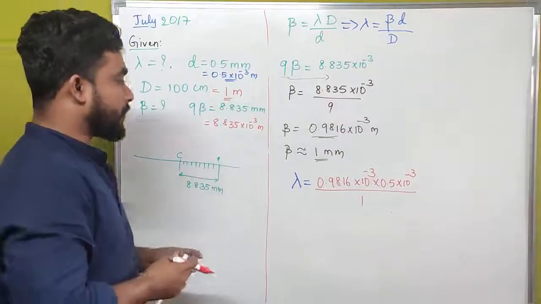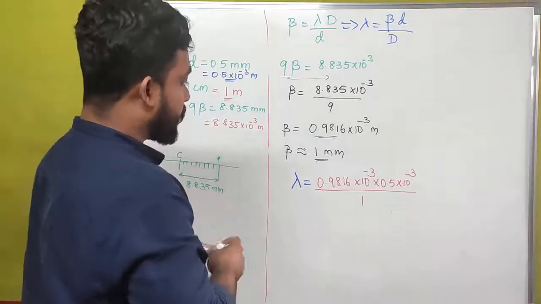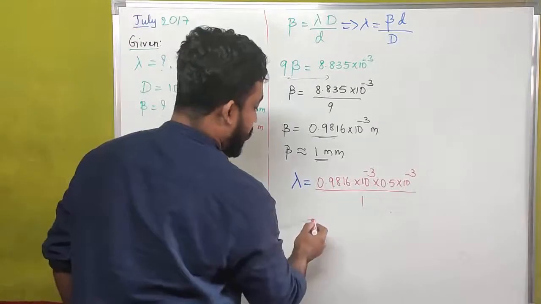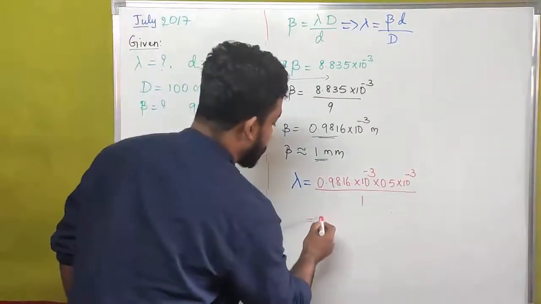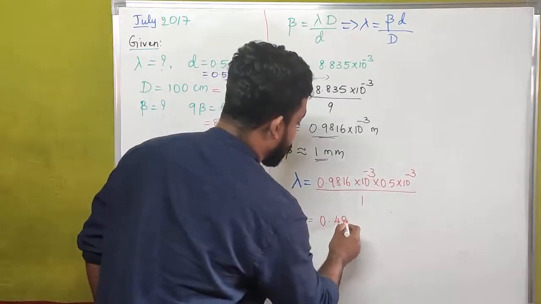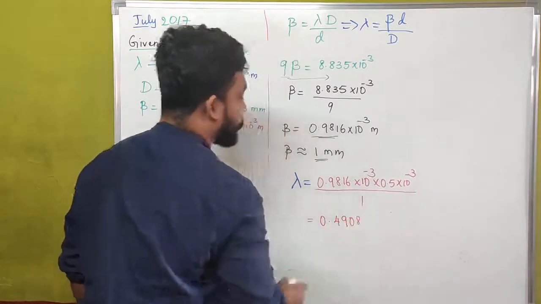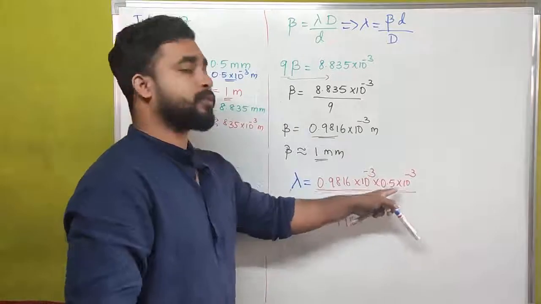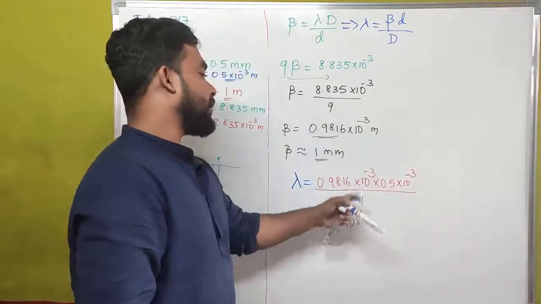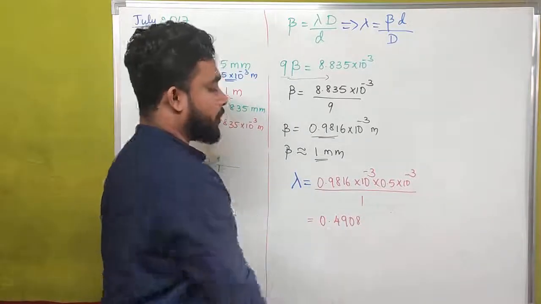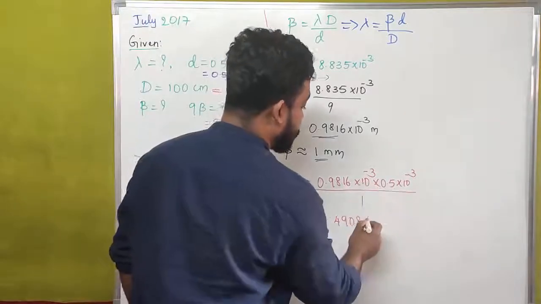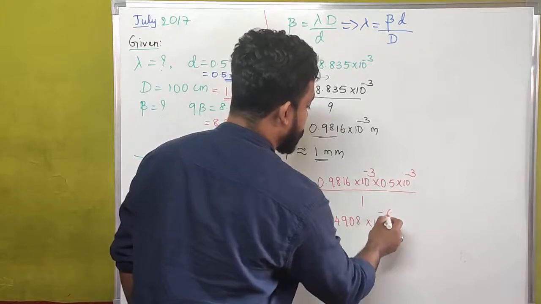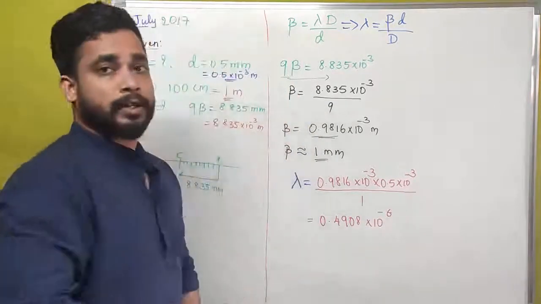If we calculate this, 0.98 into 0.5 will be 0.4908, or we can write 0.5 as 1 divided by 2, so 0.9816 divided by 2 is 0.4908. Here we have 10 to the power of minus 3 and 10 to the power of minus 3, which is equal to 10 to the power of minus 6.